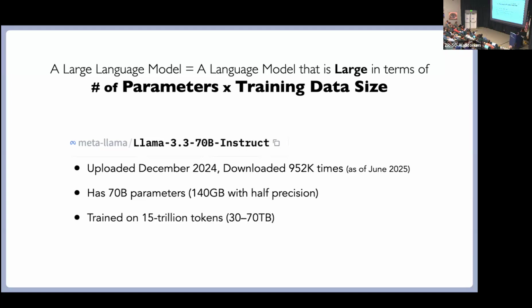In the Llama paper, they reported that the training data size is 15 trillion tokens, and in raw data size, it's about 100 terabytes. So it's pretty big. Today we have models with fewer parameters and more parameters, some smaller or larger, but we can think of this model as one example of the scale of today's large language models.